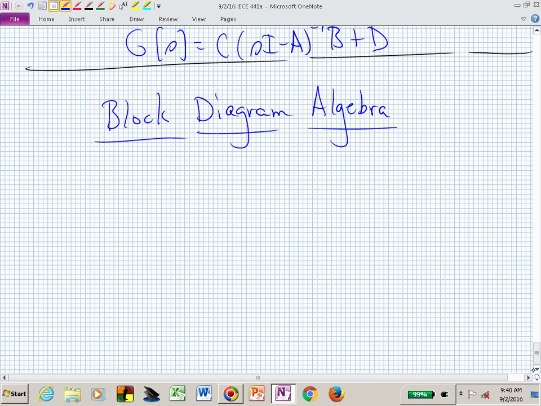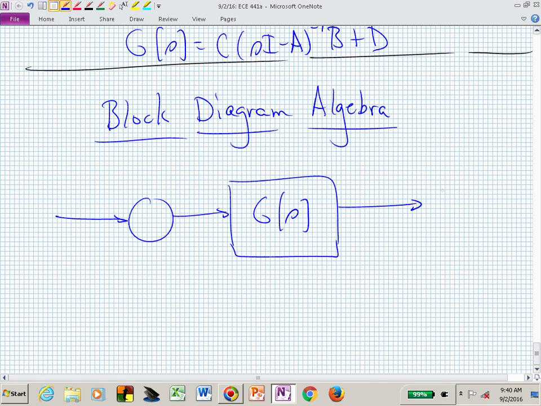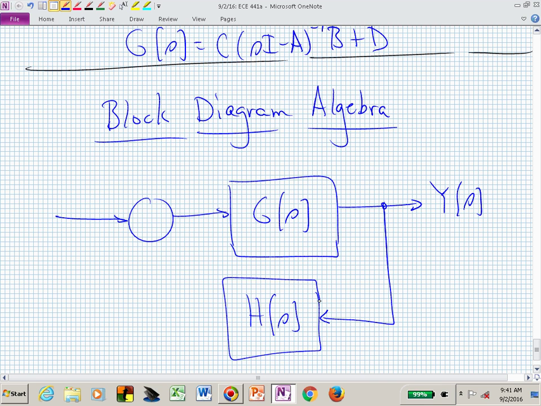Let's now look at block diagram algebra by just looking at, maybe we have that G of S sitting here, and we have an output, and maybe around that output we have another transfer function that filters that output and compares it to our reference input to create an error signal.